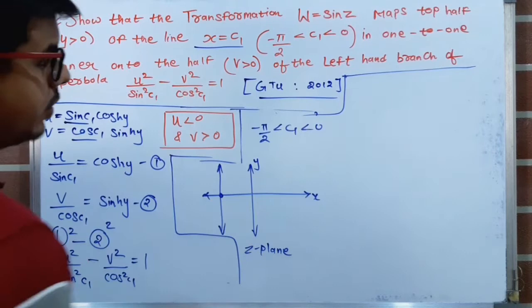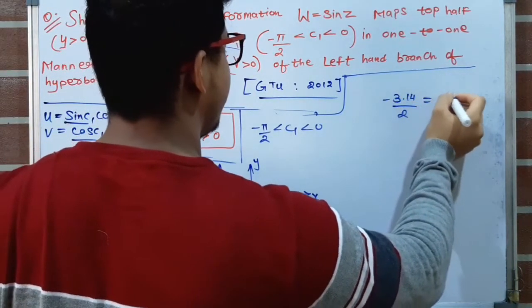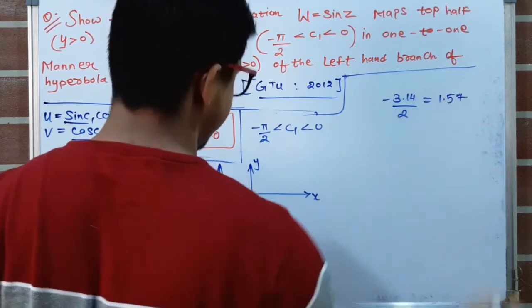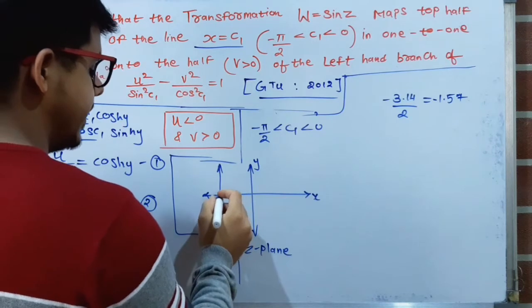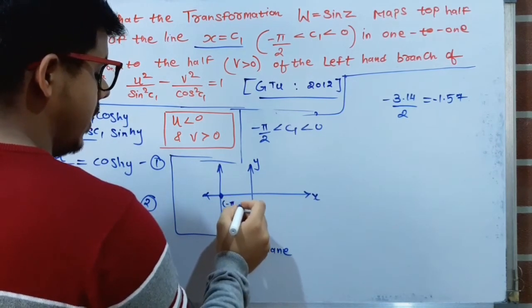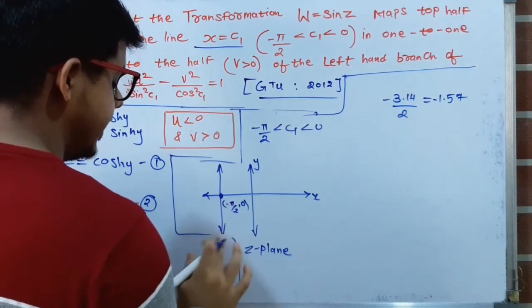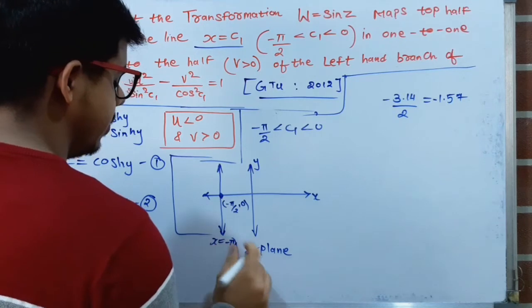What is minus pi by 2? It is minus 3.14 divided by 2, so minus 1.57 something. Let's say this is minus pi by 2 comma 0. So this is the line x equals minus pi by 2.